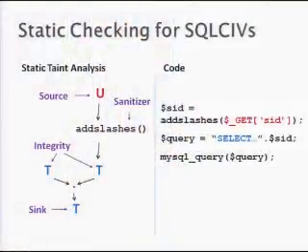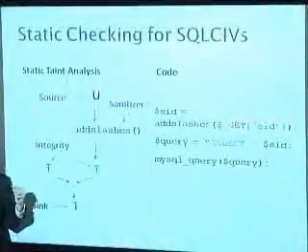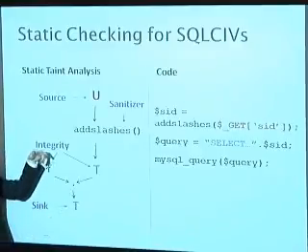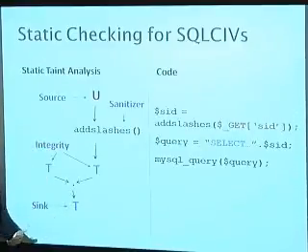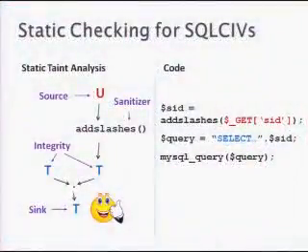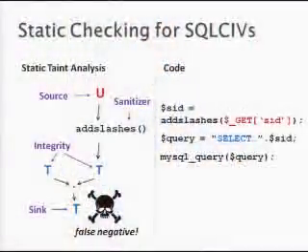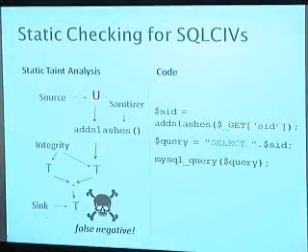There's some source of untrusted input, and some set of functions designated as sanitizers, meaning whatever gets past them is trusted. What you want to ask is whether untrusted values could flow into the sink, or whether it's all trusted. According to this view, everything is okay, because we've got trusted down here. But I showed earlier an attack in this code, so this represents a false negative. And this is the kind of thing that we're going to try and discover.